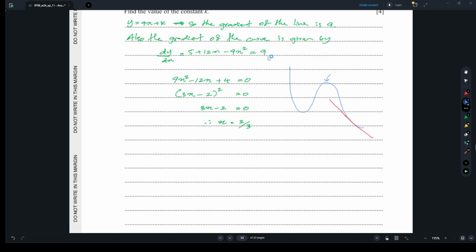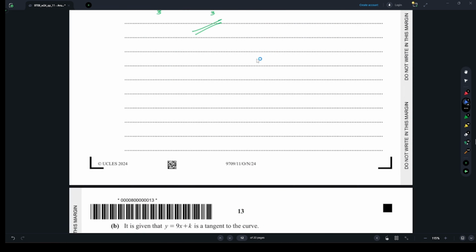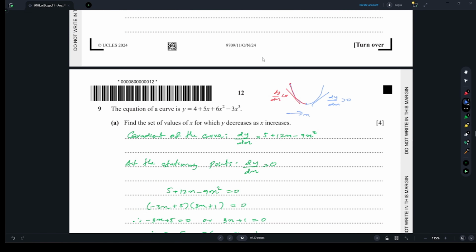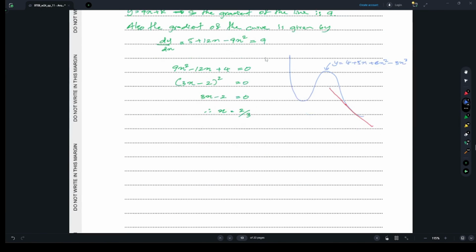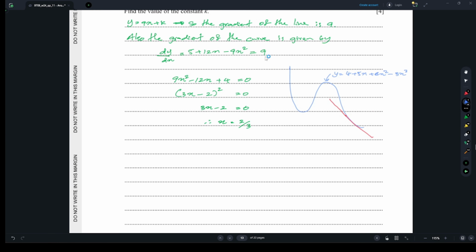So this equation is y equals 4 plus 5x plus 6x square minus 3x cube. Am I correct? Yes, 3x cube. Okay, so this is the equation. And so the equation of the tangent line is y equals 9x plus k.